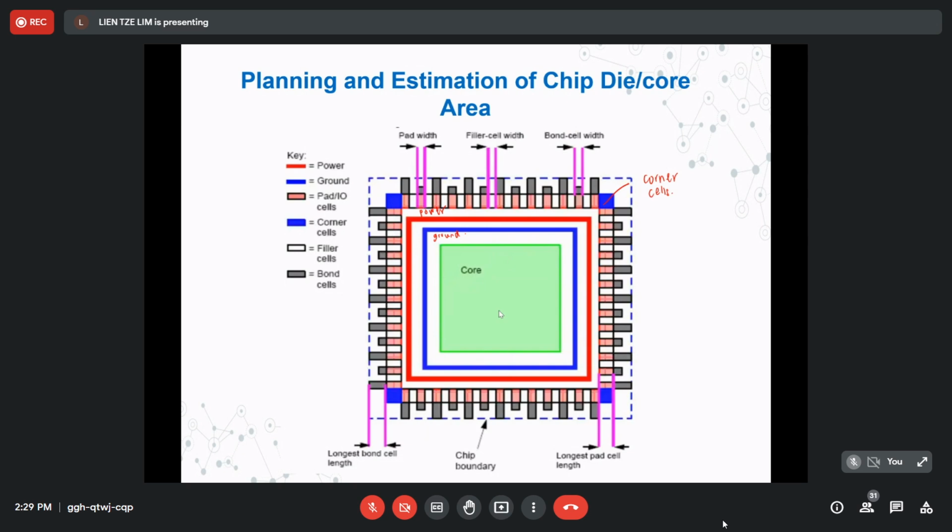Some examples will be shown later, not really to estimate, but to show you how the arrangement can be done.